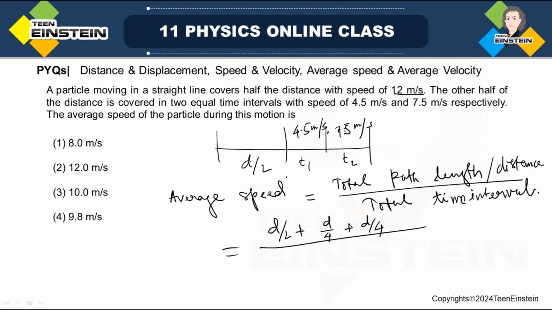But the time interval, see, the other half of the distance is covered by two equal time intervals. So t1 and t2 are same.